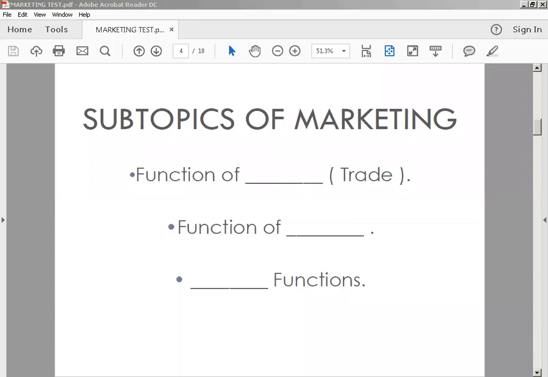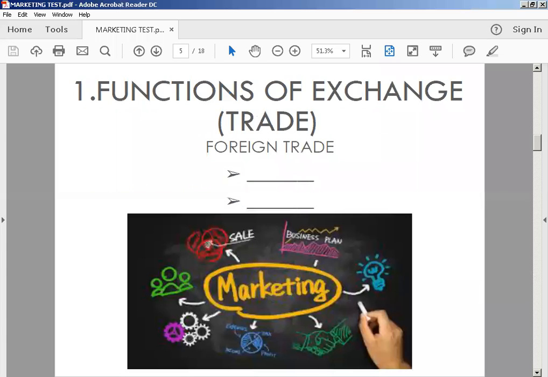Next, I have functions of exchange, foreign trade. You have two fill in the blanks over here, two blanks.